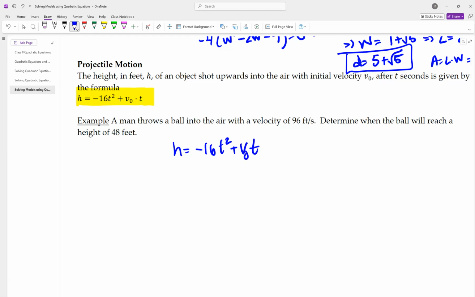Okay, and so now I'm going to substitute what I know in. h is 48, negative 16 t squared plus 96, this is V0, and then times t. Rearrange, set it equal to 0: negative 16 t squared plus 96t minus 48.